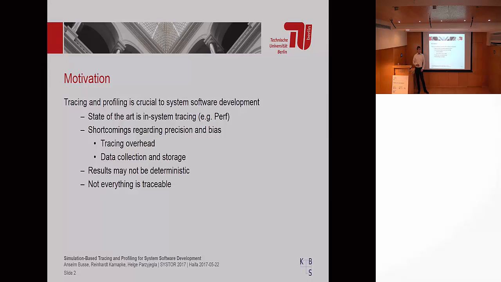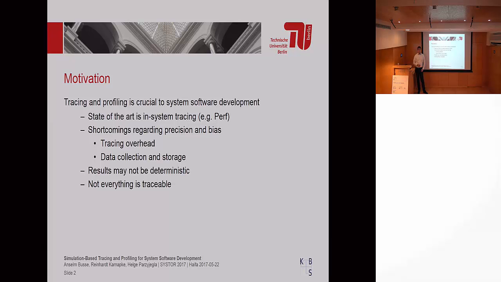It turns out that the common approach today is in-system profiling with, for example, perf, where the tracing itself is integrated in the operating system and the tracing statistics are gathered by the operating system itself. Unfortunately, this approach has some drawbacks.